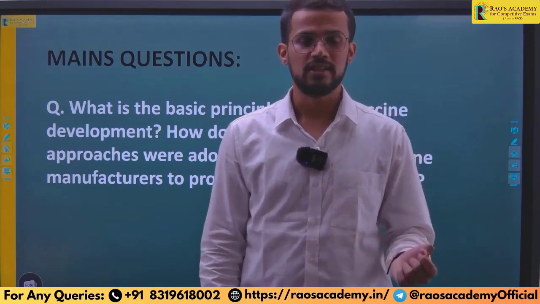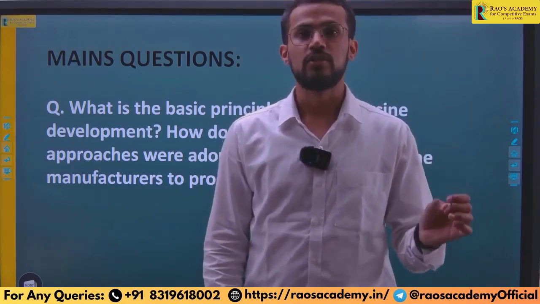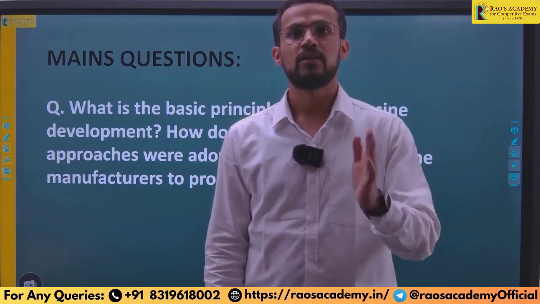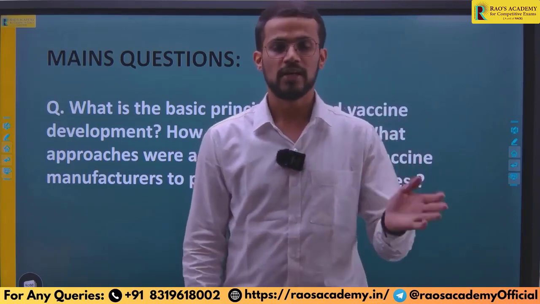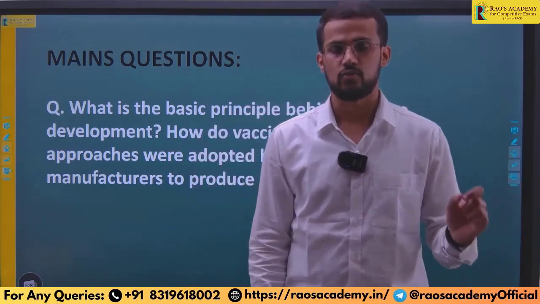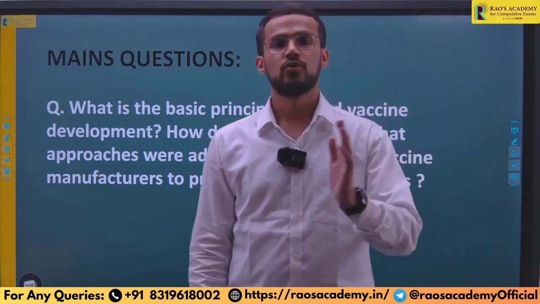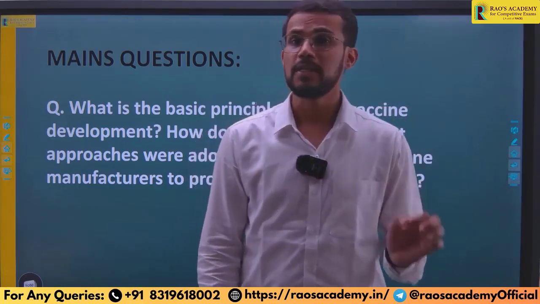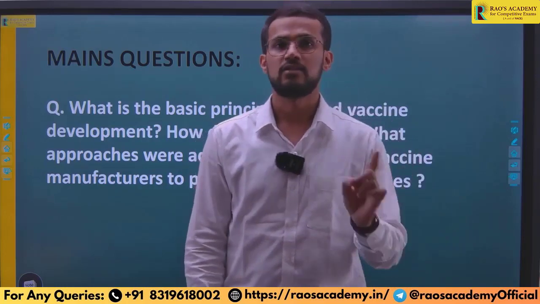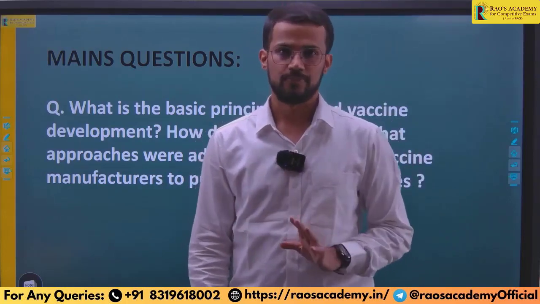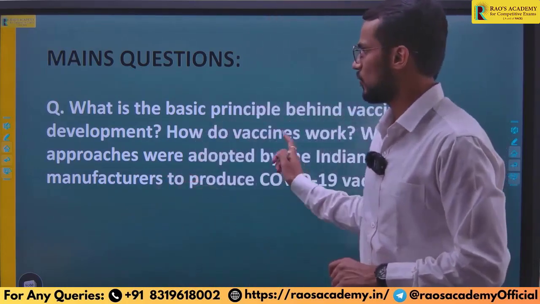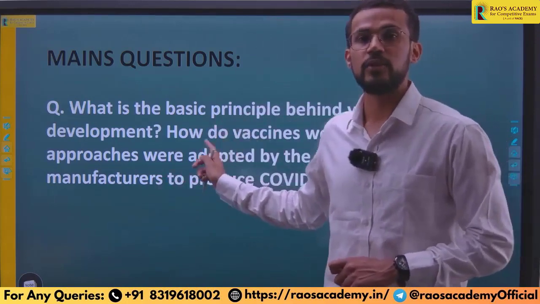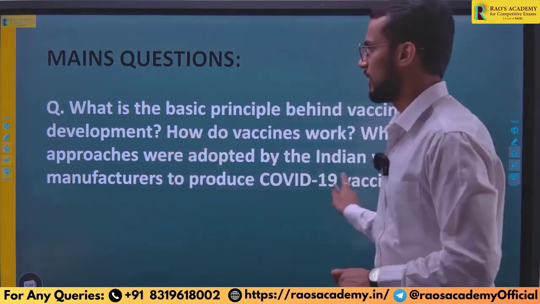And that's why we can say that Covishield was a viral vector vaccine. Right, viral vector vaccine, where adenovirus was used as a vector to deliver the genetic material associated with the spike protein of the SARS-CoV-2 virus. Right, so that was the question again asked in 2022's mains examination.